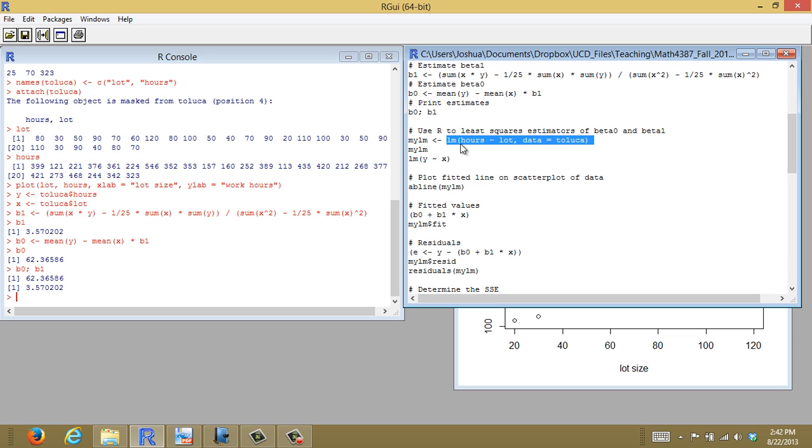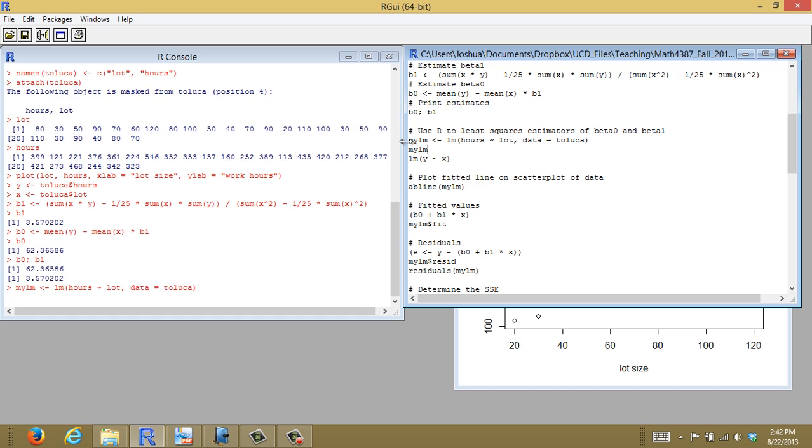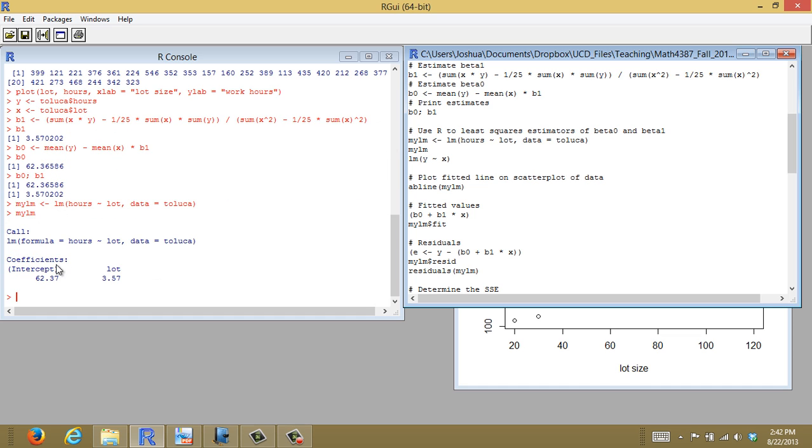and I'm going to store the information the LM function provides in an object called myLM. And if I look at myLM, you can see that it provides me with the two estimated regression coefficients. The intercept, beta naught hat, is 62.37, and the estimated slope is 3.57.